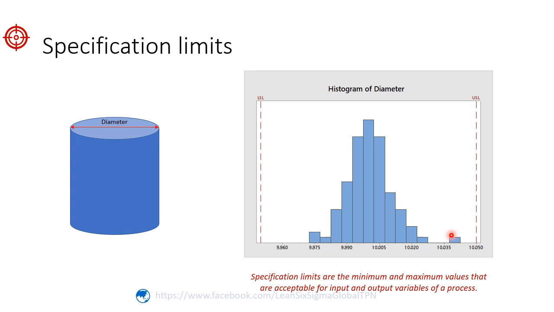Specification limits are the minimum and maximum values that are acceptable for input and output variable of a process. The part diameter requirements at ABC company are examples of specification.